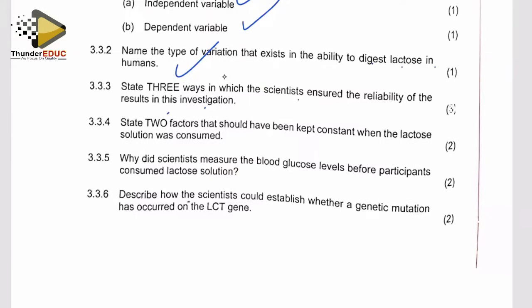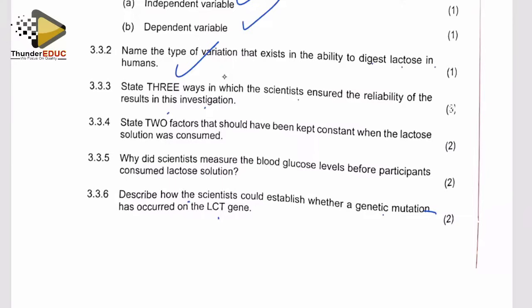Then describe how scientists could establish whether a genetic mutation had occurred on this lactose gene. Basically, the sequence of the gene, the DNA of the participant on the chromosome, should be determined using DNA sequencing. Then they identify the mutation of this gene and compare it to the one which is lactose intolerant.